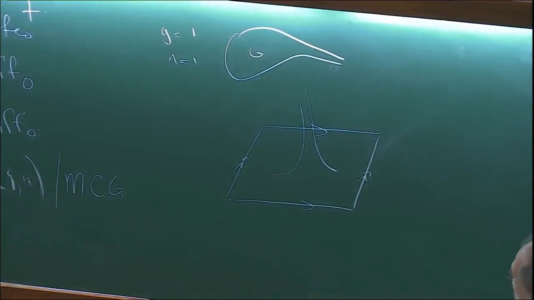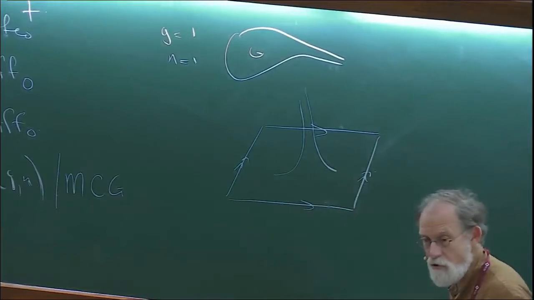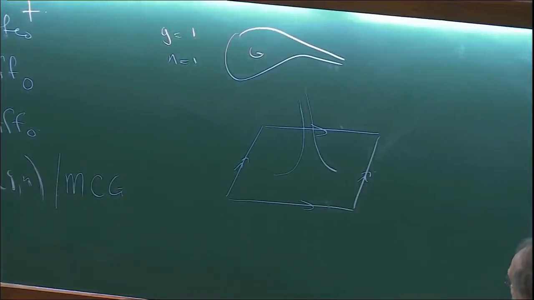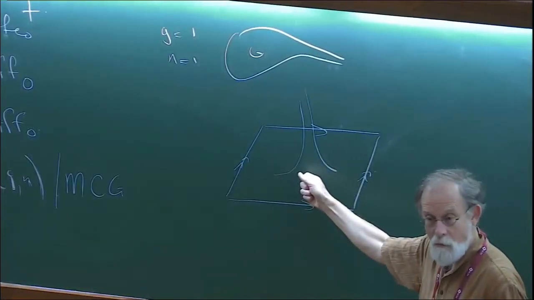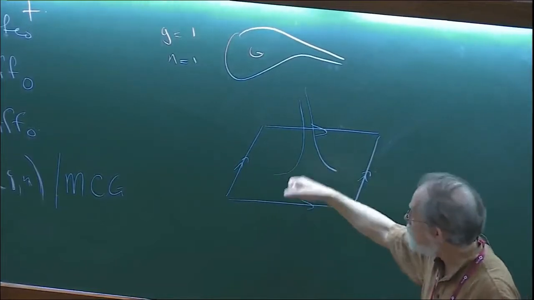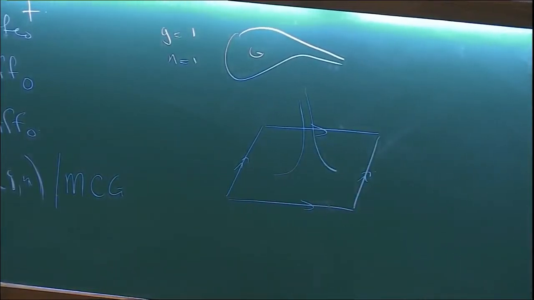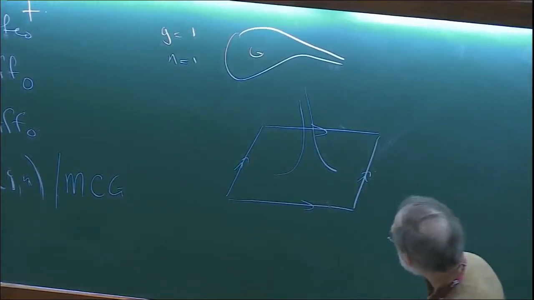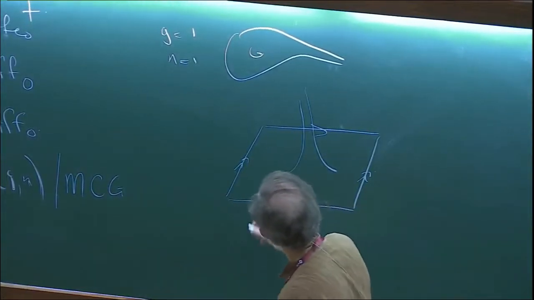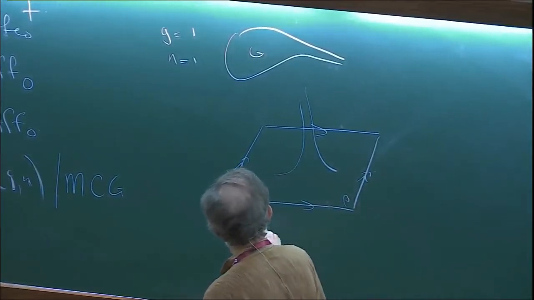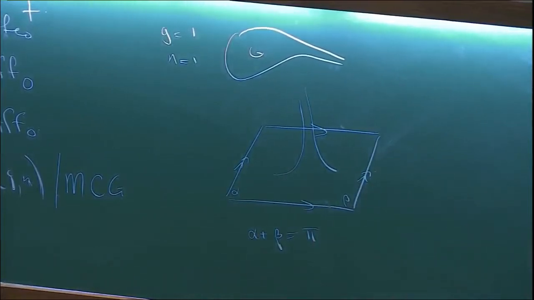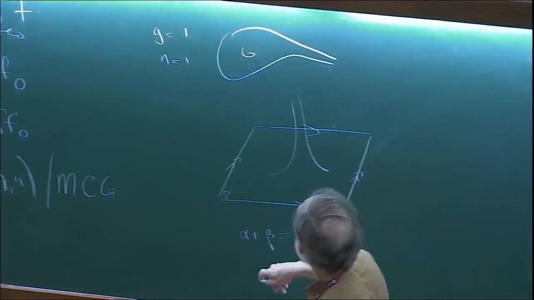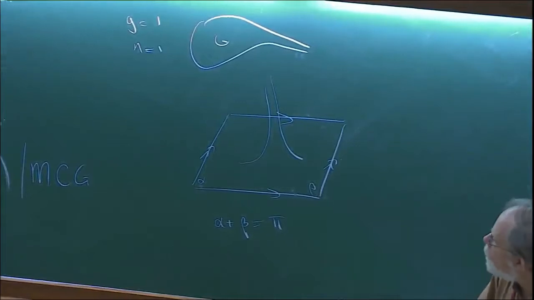So if I have that set up, I can then identify opposite edges. And what you can see, if you simplify this cusp down to just a single puncture, is that you're creating a once punctured torus. And so this angle, if the angles are alpha and beta, you need alpha plus beta equals pi. And then these 4 corners fit together to give just a nice piece of hyperbolic plane.